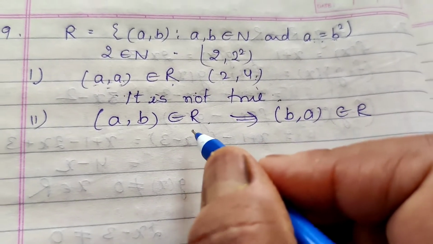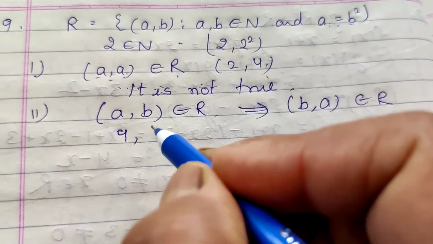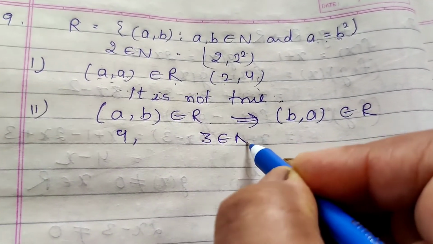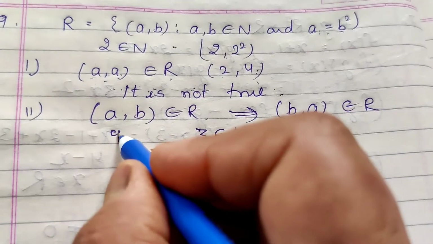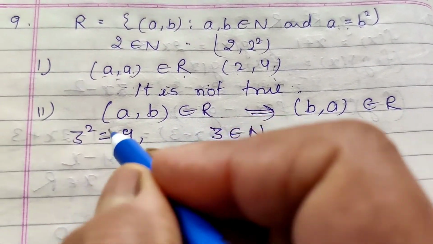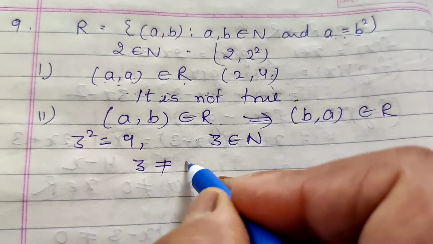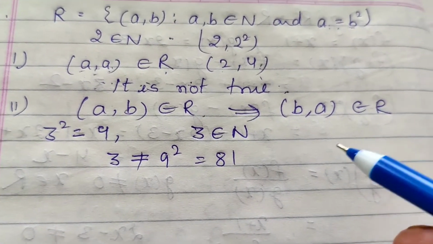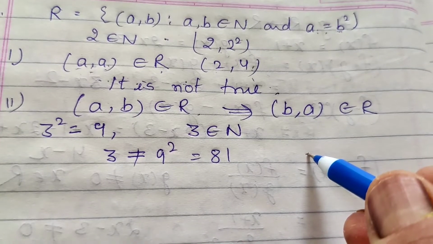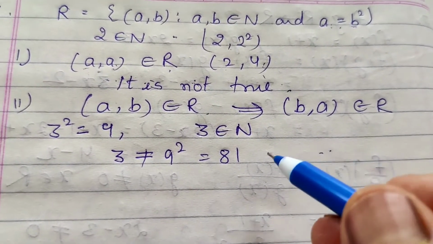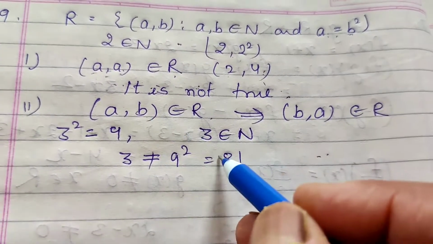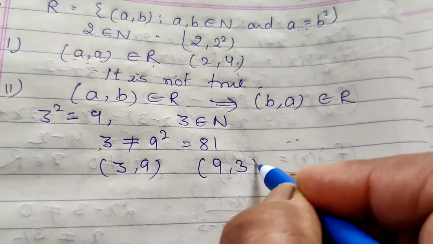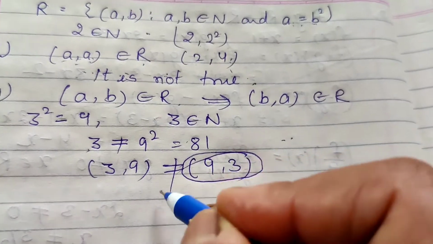Take 9: 3 belongs to natural numbers and 9 = 3 squared. But 3 is not equal to 9 squared, which is 81. Therefore (9, 3) doesn't belong to the relation. So (a, b) belongs to R but (b, a) doesn't.